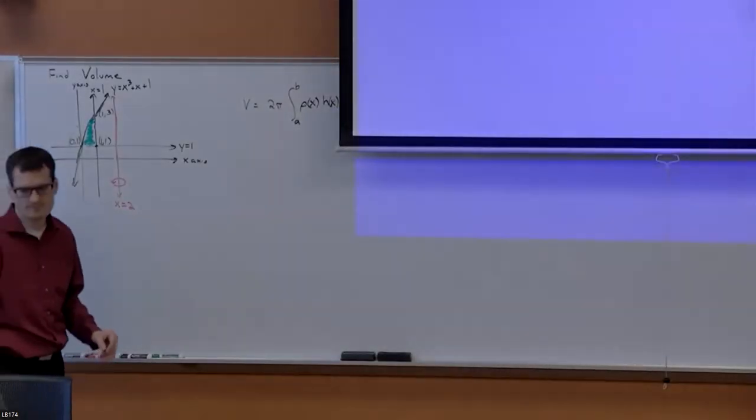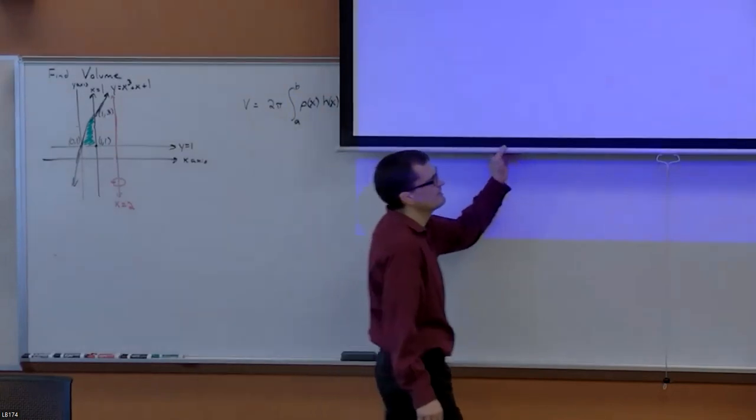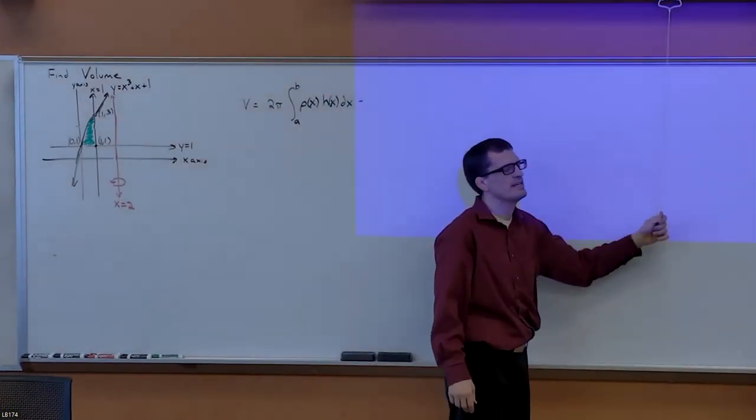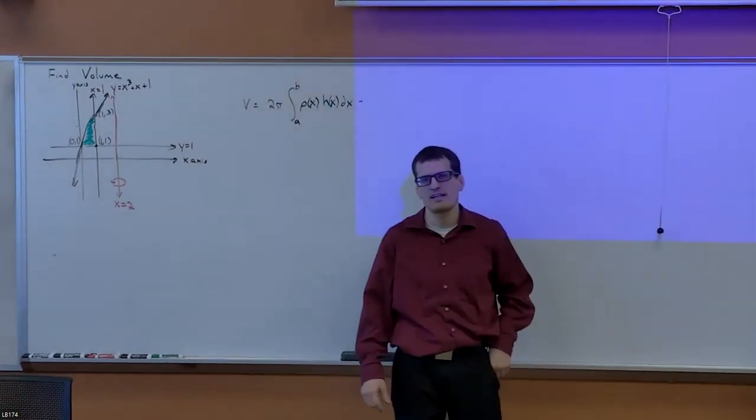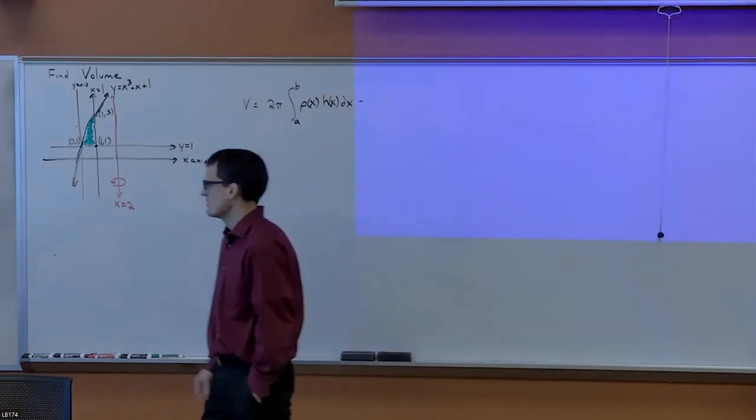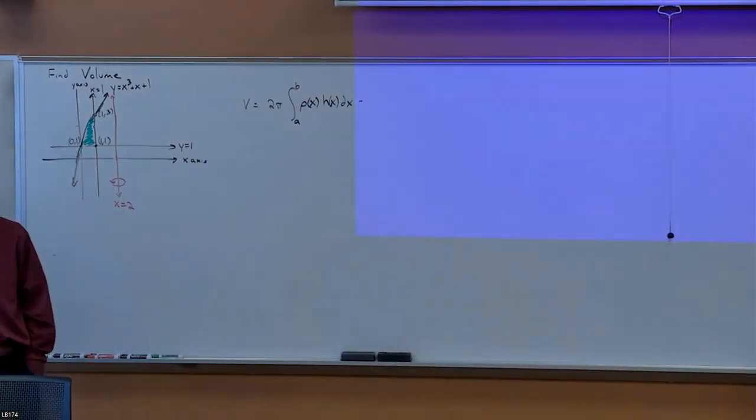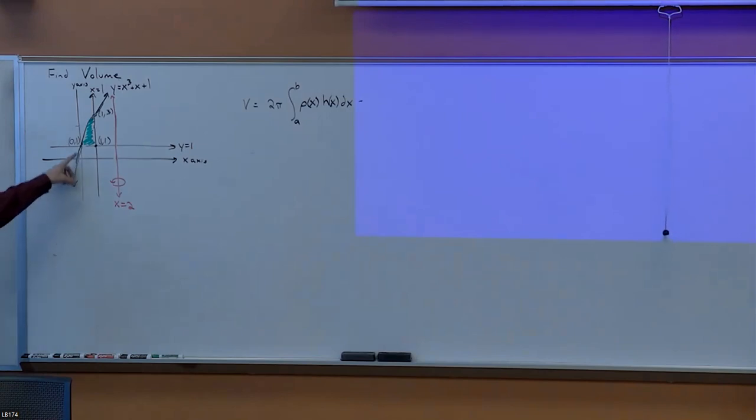All right. So on this one, the region that we're looking at has an almost triangular shape. This one curve, y equals x to the third plus x plus 1, is not quite a straight line.